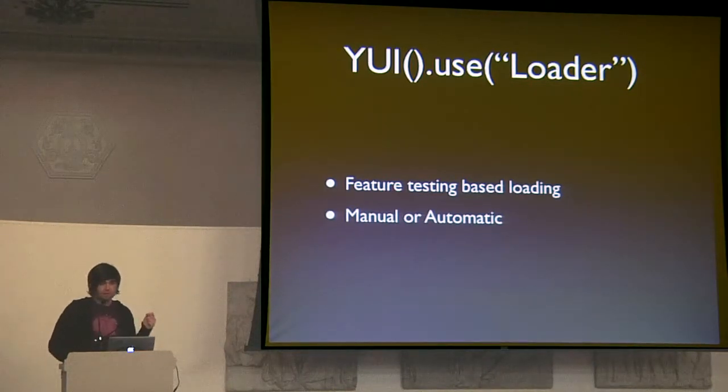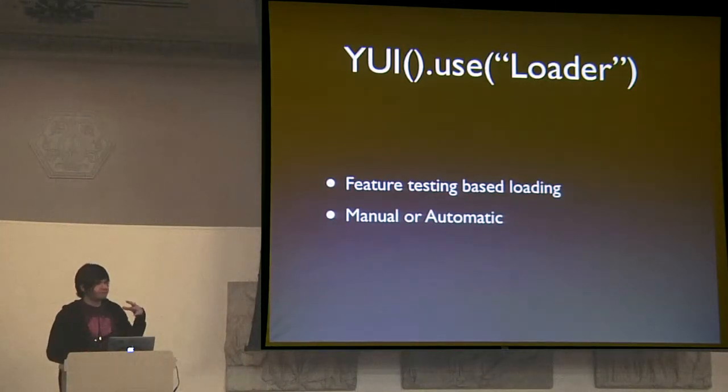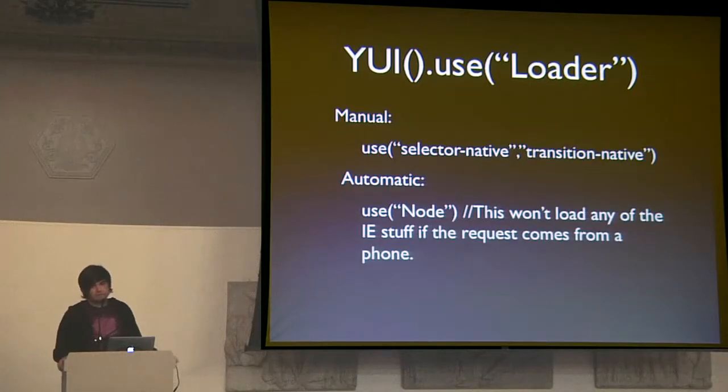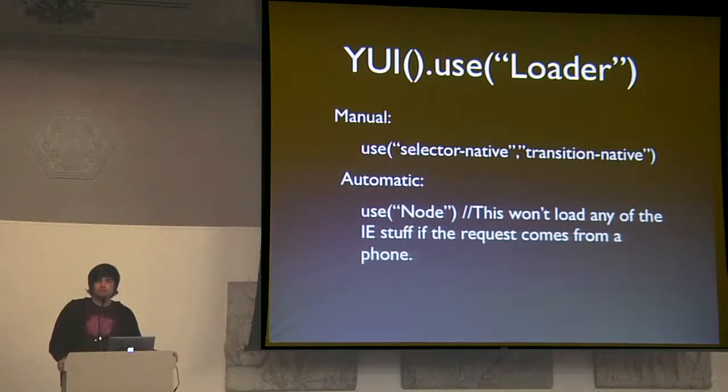Not only that, but the loader is so cool and so sophisticated that it will know which device you're deploying to, and depending on what you are, it will give you the set of files and modules that you need just for that. So what this means to you is, let's say that in your code you have the node component of YUI.